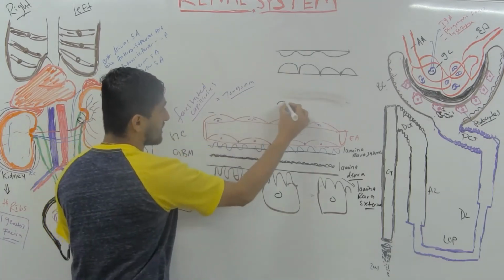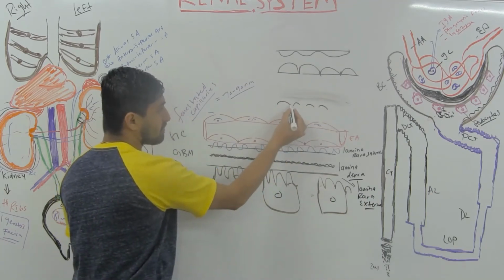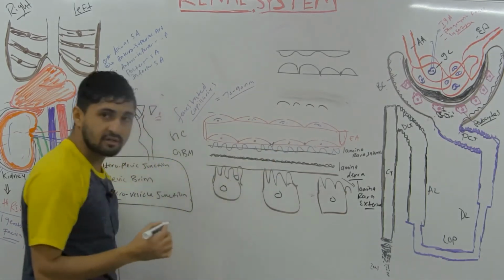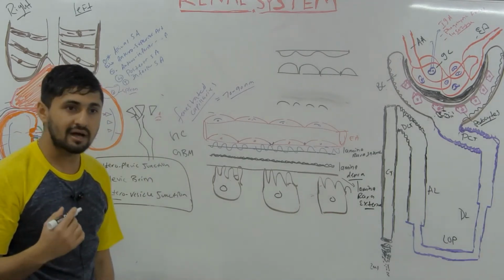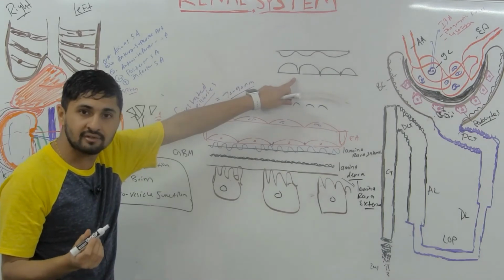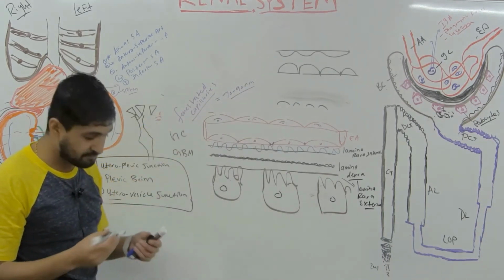You might think this is the fenestrated, or you might think this is the intercellular cleft. So how do you distinguish the continuous intercellular cleft versus a fenestrated one?